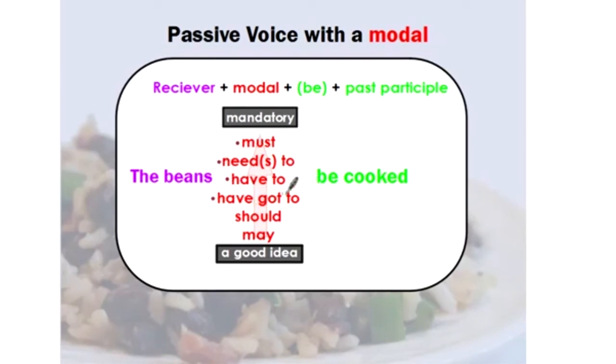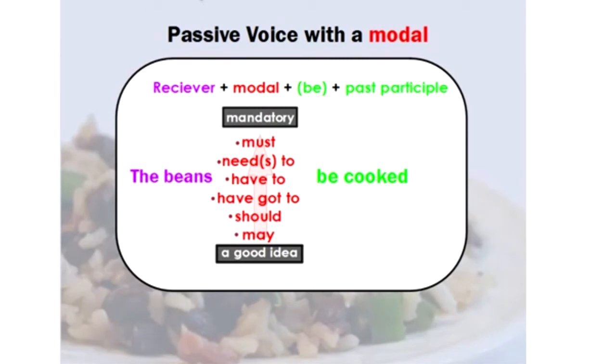Those are all very mandatory, like an obligation, like you do not have a choice, right? But I also have should and may, and those are more like a good idea. So we have different options to express ourselves and what we want to emphasize and the way we want to emphasize it. But remember, the passive voice uses the receiver first, then the modal, then be and the past participle.